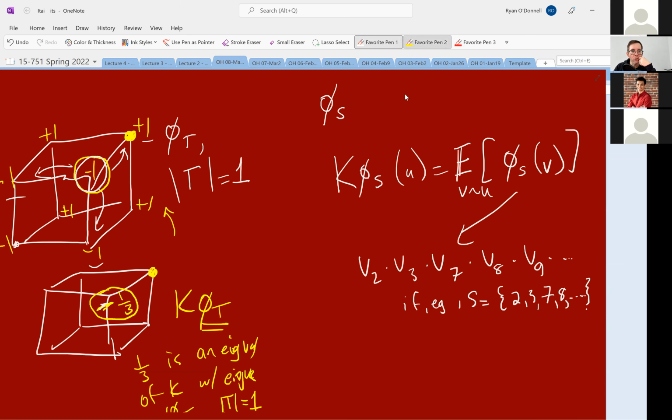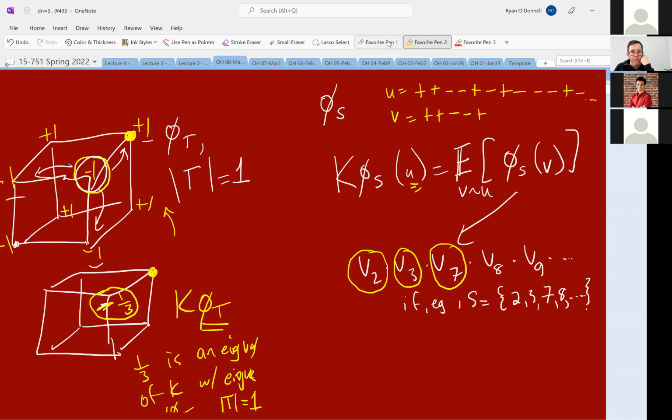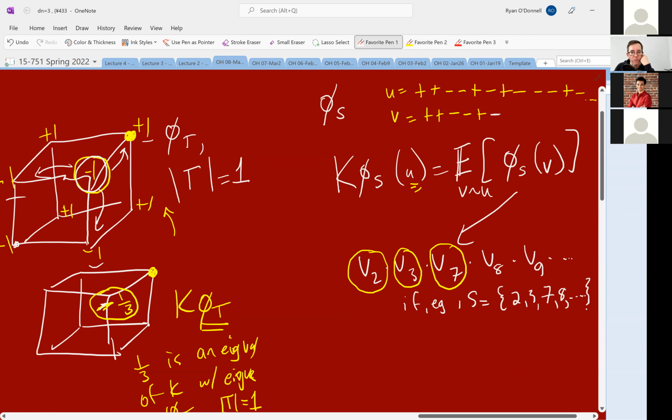And if this specific U happens to be plus, plus, minus, minus, plus, minus, plus, minus, minus, minus, plus, minus, and so on, we'll be looking at V2 times V3 times V7, etc. Now, a typical V will look like plus, plus, minus, minus, plus, and then maybe in one location it'll be different.